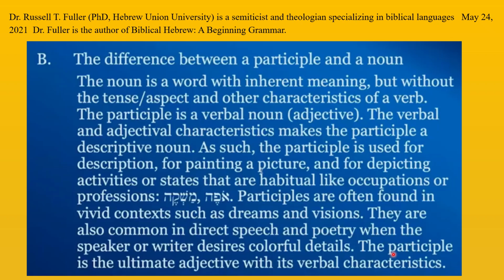So the participle is the ultimate adjective with its verbal characteristics. Okay, so that kind of gives you the feeling of what you're expressing with the participle. You're expressing a description of something that gives you much more information because it includes a verb, it includes action, okay, but it's ongoing action.